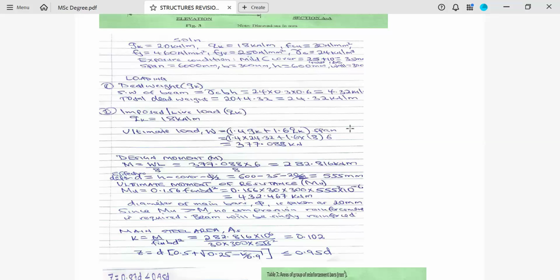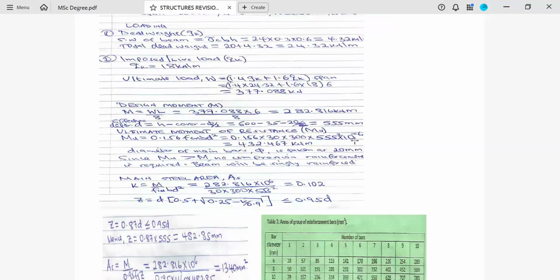But remember here, this value of design moment is in kilonewton meter, but fcu b d squared are in Newton and millimeters. So for us to ensure the upper value is in the same unit as the lower value, we multiply the upper value by 10 power 6. So the value of our K, if you compute, you get 0.102. And then we go to the lever arm, which is Z.